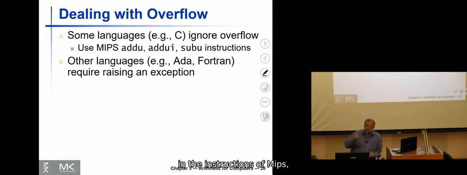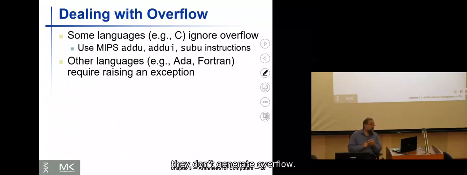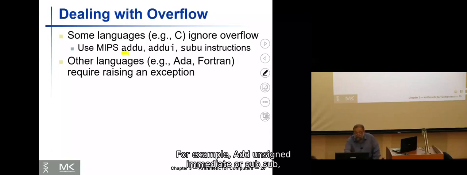The unsigned operations of add and subtract in MIPS don't generate overflow. So it is your responsibility. If you would like to care about overflow in unsigned operations like add unsigned, add unsigned immediate, or sub unsigned, then you have to think about it yourself.